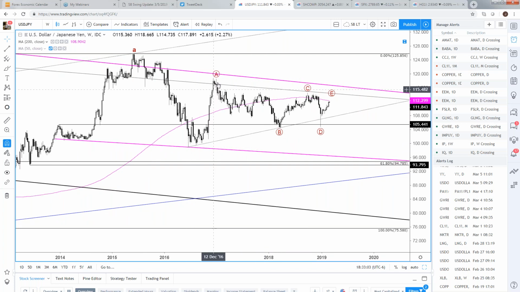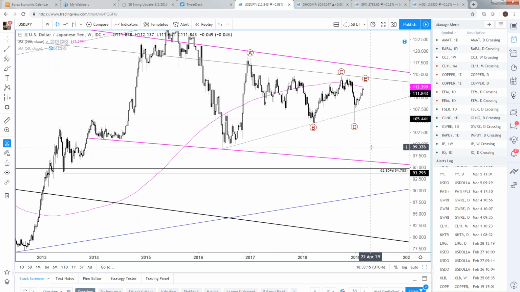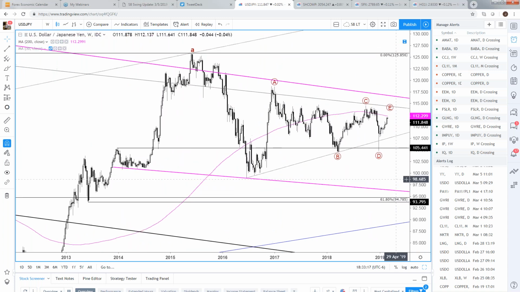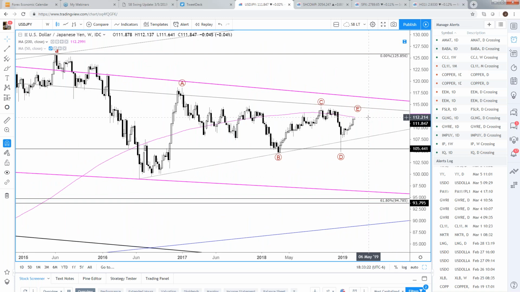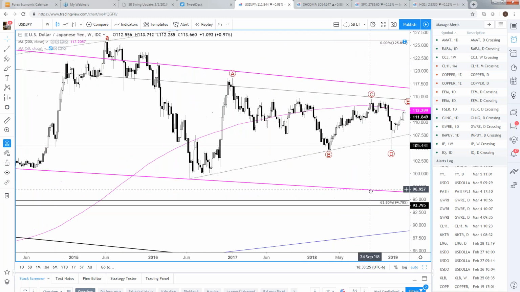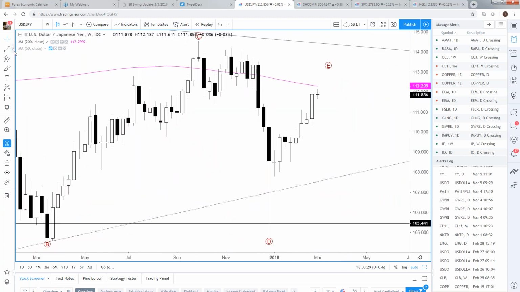So, wave up A, B, C, D, flash crash. And now we're looking for a wave E high to complete the triangle. That's 5 waves within a triangle. So whether or not we are topping up around here, which is the 200-week average, zoom into this, you can see you've got old lows over here, which we haven't quite hit, but former support.